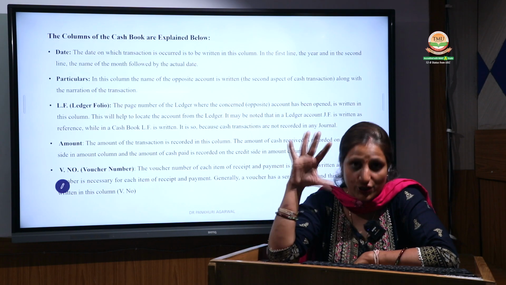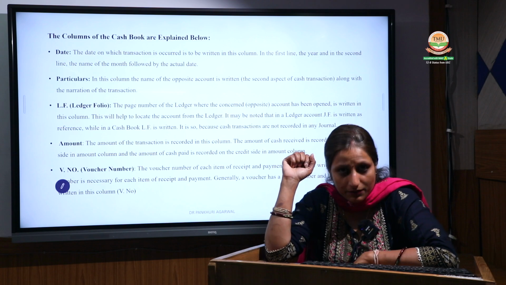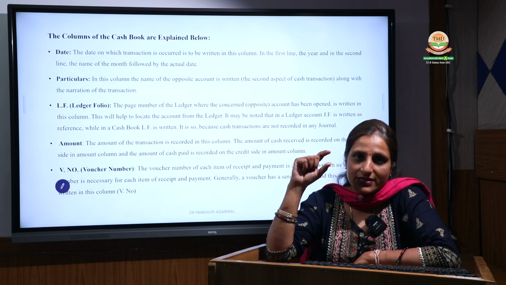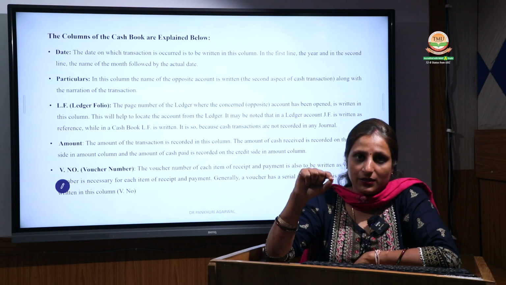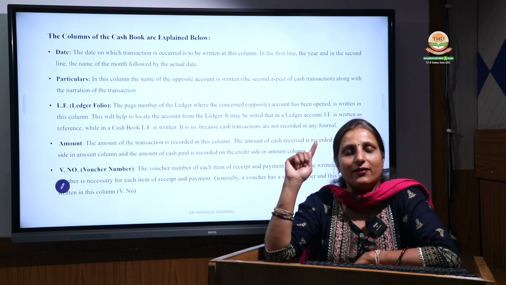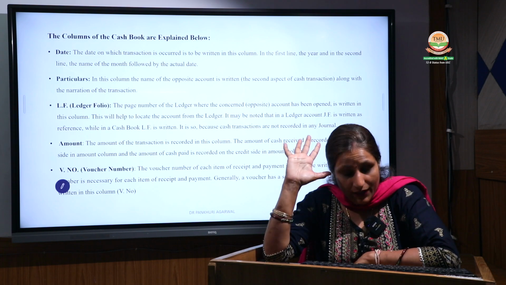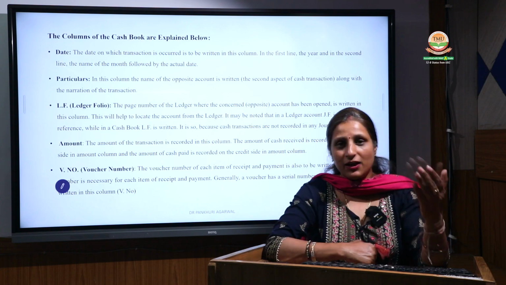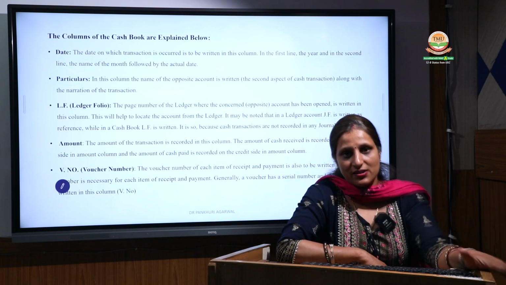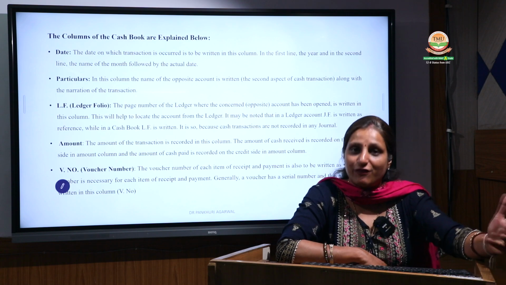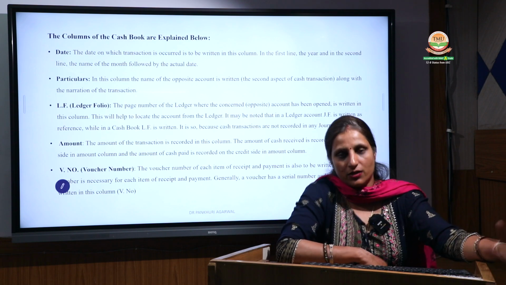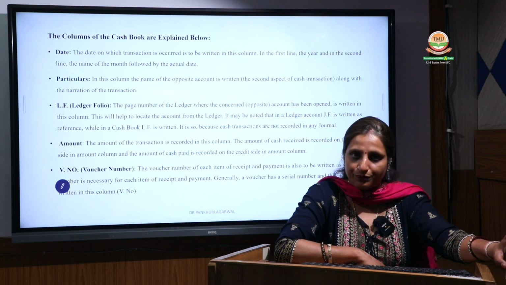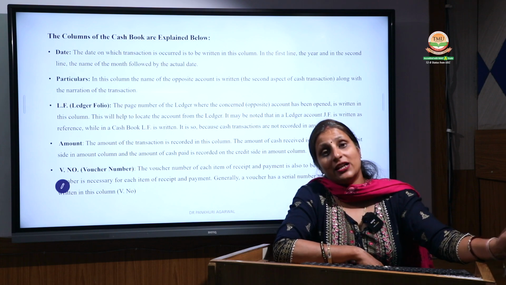If your transaction is of purchase or sales and has a particular receipt that carries a number, that voucher number will be written there. It is very important, so that if at any time anybody wants to know on which date this purchase and sale was done and from which voucher, it can be verified at the audit time.